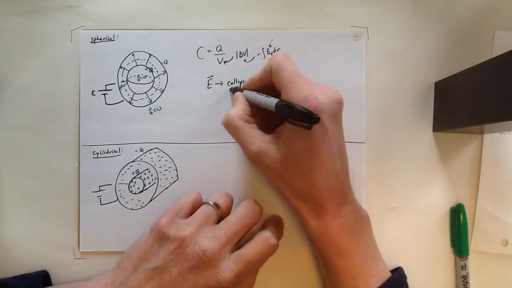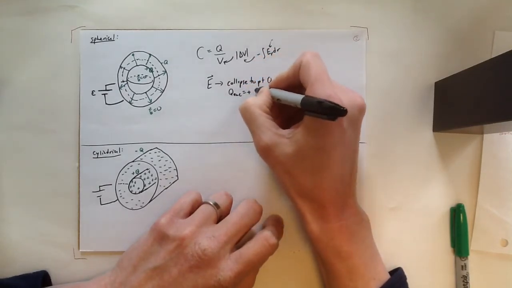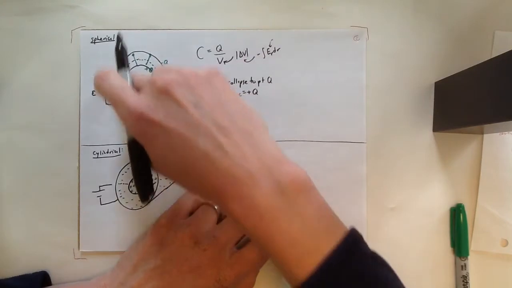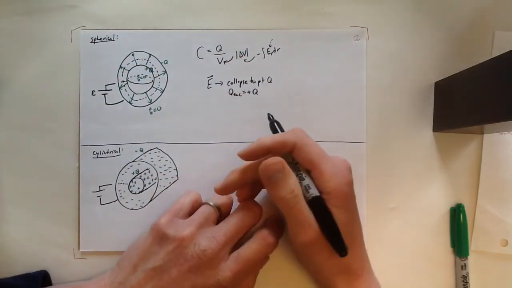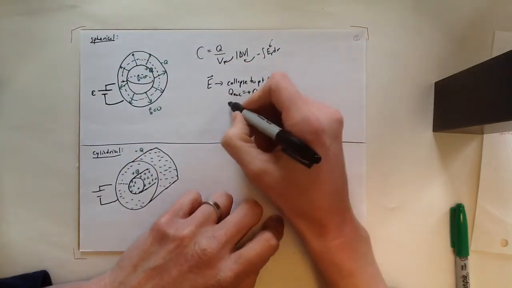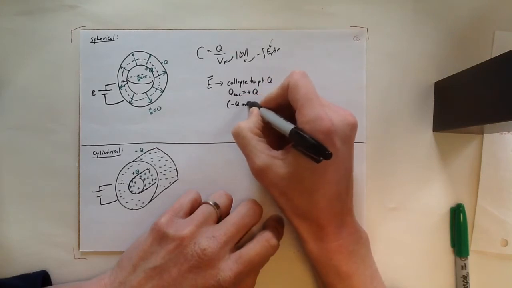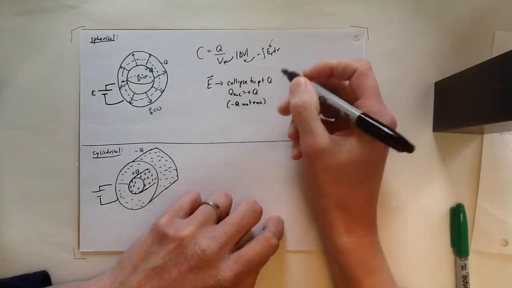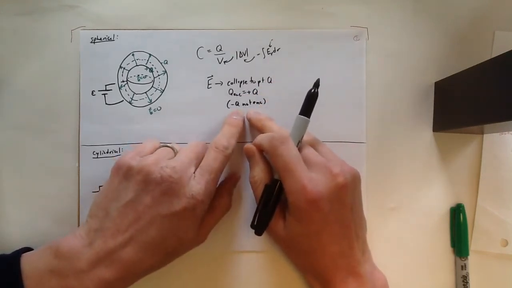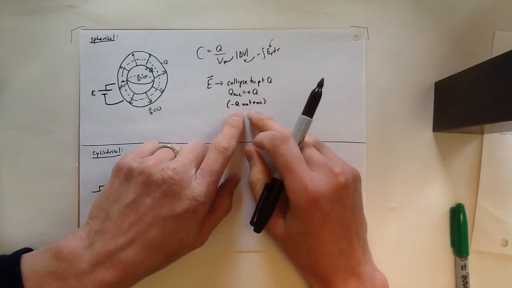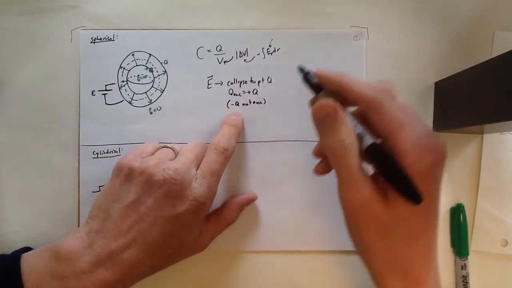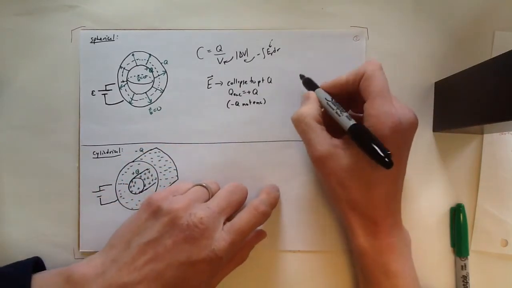And of course the Q enclosed here would just be plus Q. The minus Q is not inside the Gaussian surface, so it doesn't even count. Minus Q is not enclosed. Now you might wonder, why does it even matter if there's a second plate? If it's not enclosed, how is it going to enter the calculation? Well, I'll show you in just a second.